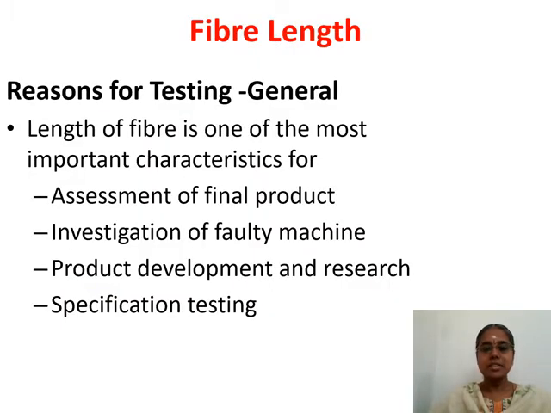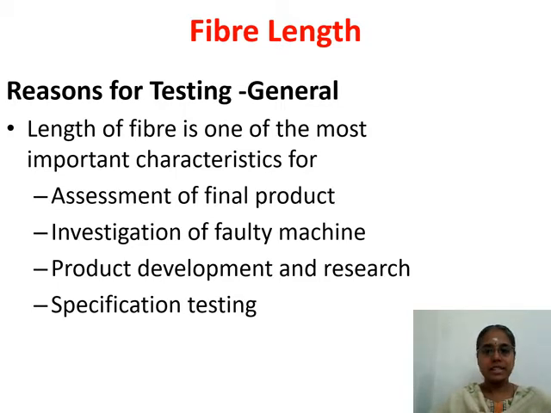In general, like any other testing for any properties, like length, fiber related properties, yarn related properties, or fabric related properties, the general reasons for testing are to assess the product, to investigate whether there is some fault in the machines, to develop a new process or product, and to do some research for variations in quality or any specifications regarding length or anything. So these are all common reasons for testing.